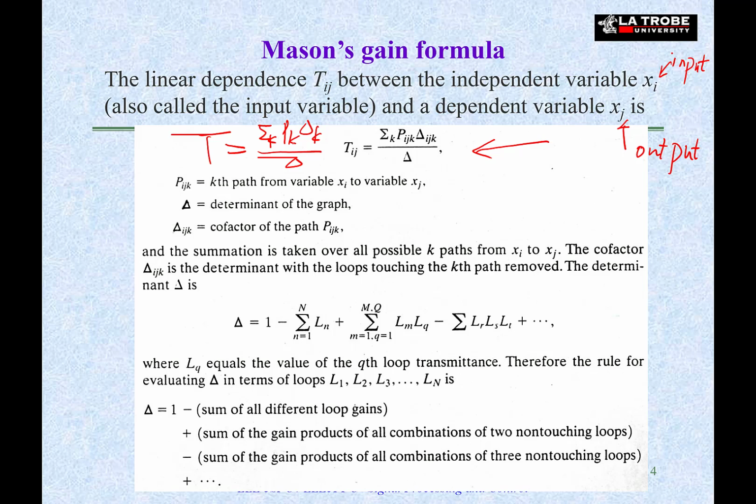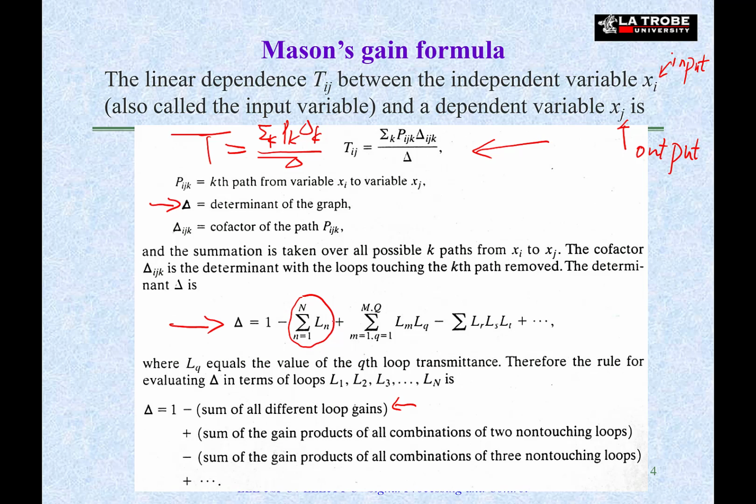And the next variable is Delta. Delta is called the determinant of the graph, and there is a formula to calculate Delta. So let's look at this formula. Delta is equal to 1 minus the first summation, and the explanation of the first summation is here. It is a sum of all different loop gains.